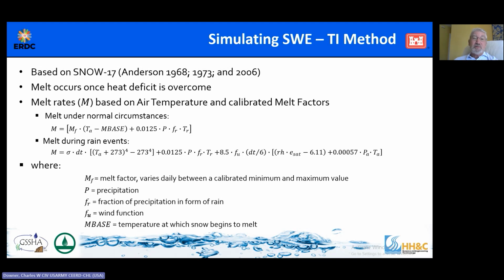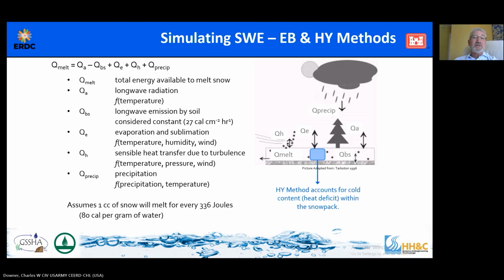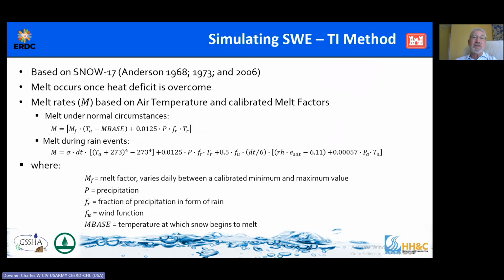With the energy balance, if we back up, there's nothing to calibrate. You just get inputs and you run the thing. So there's nothing to do. With the temperature index, you've got to relate the temperature to your snowpack, and you've got to have these calibration parameters: this melt factor, fraction percentage form of rain, wind function, M base.